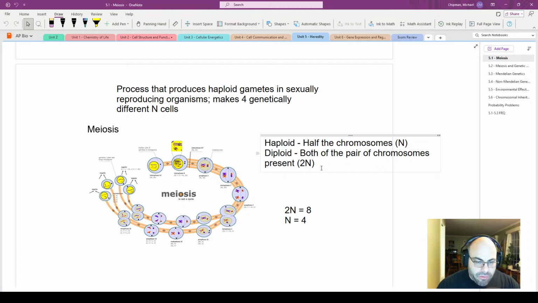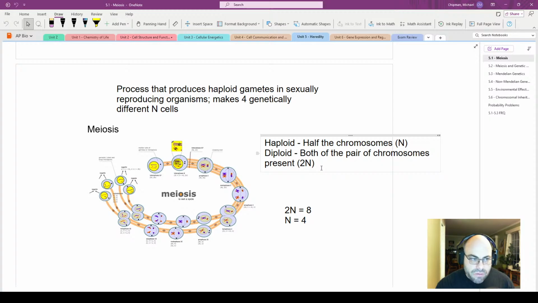You get 23 from mom, 23 from dad, and that makes up your whole genome. The 23 that you get from mom are not identical to the 23 that you get from dad, obviously, because they're not identical people. But they do have all the same genes. So they're all homologous. They may just have different versions of those genes.